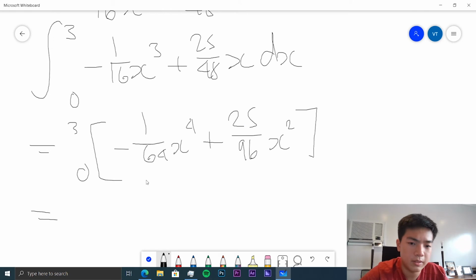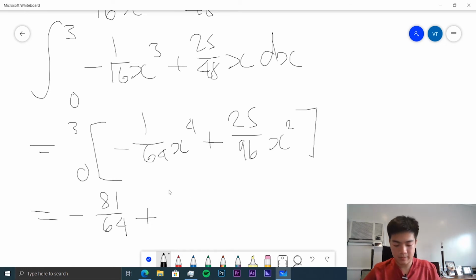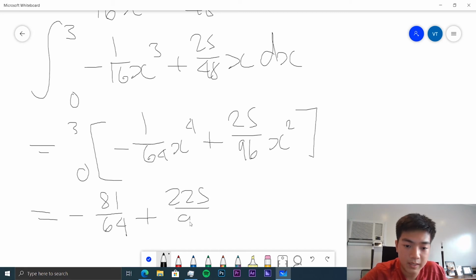So this is equal to negative 81/64 plus 25 times 9, 225/96.